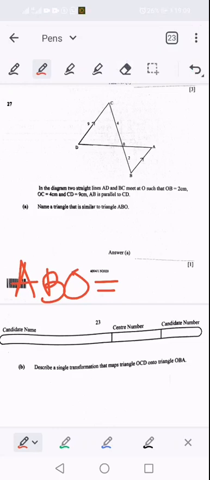Using my theories, A, then B, then O. What is equal to angle A?